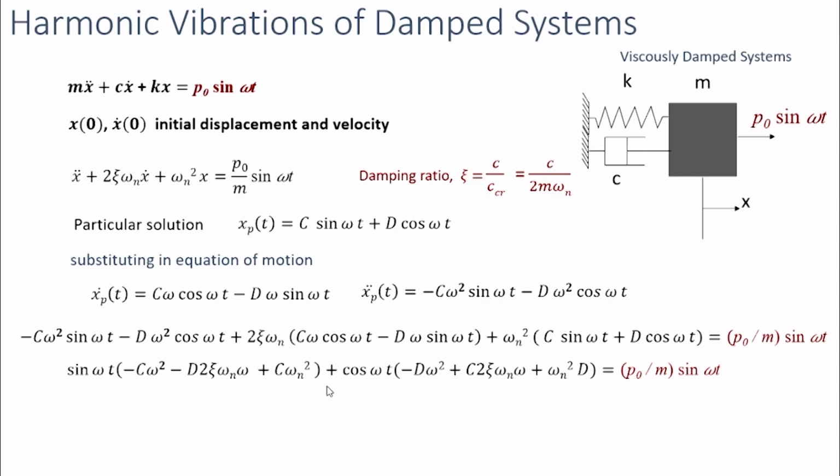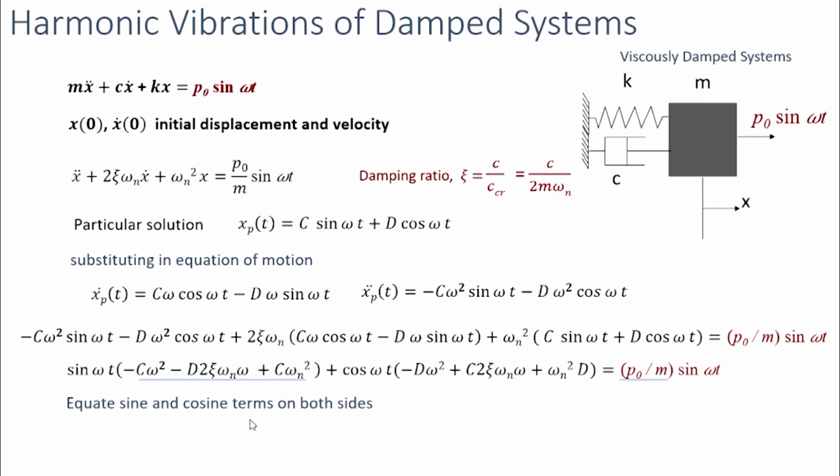Then we have the cos omega t terms: minus D omega square plus this term C 2 zeta omega n omega, then this term which is equal to omega n square D. So we just rearrange these terms in sine and cosine terms.